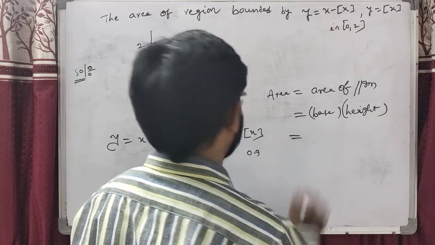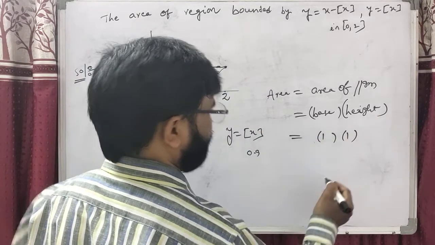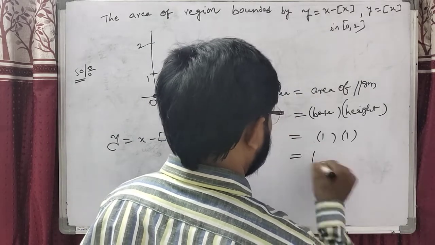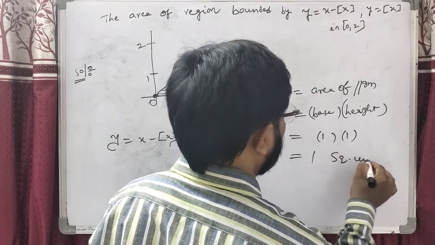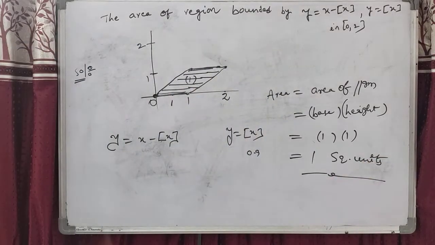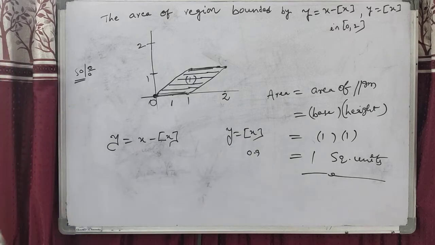Therefore, dear students, the base is 1, height is also 1. The required area is 1 square unit. This is the graph of y equal to x minus step x and y equal to step x. Okay, students.